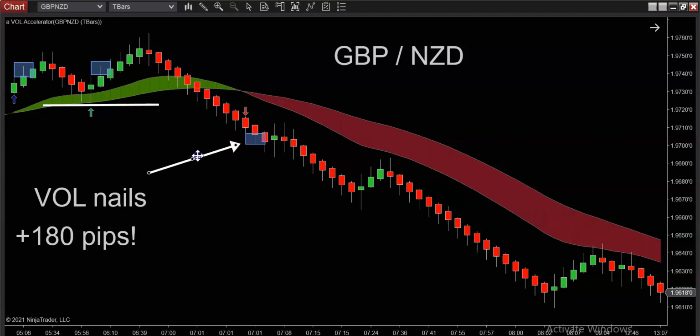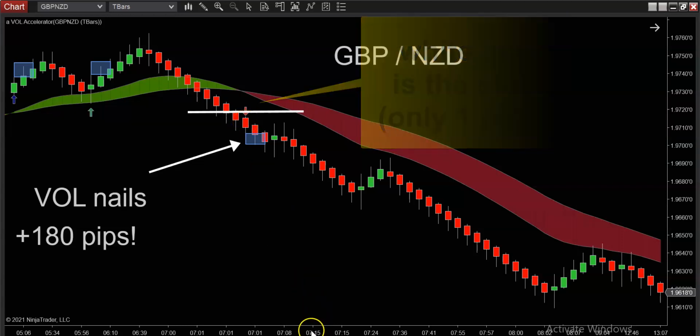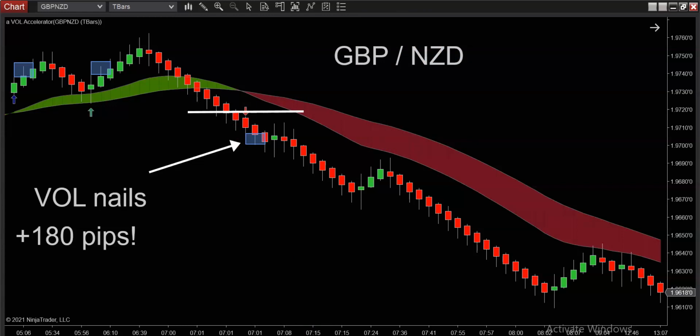Right over here is actually where we physically open up that short trade. And of course, you guessed it, our stop loss now goes just 1 pip above the signal bar's high. You understand what I'm saying? Once again, guys, I'd be shocked if anyone were unable to grasp this concept, okay?